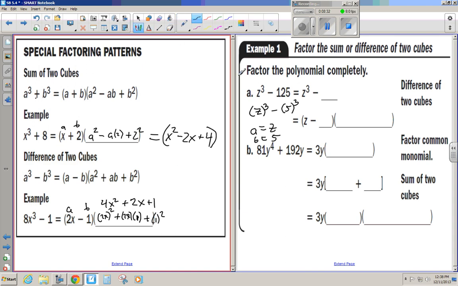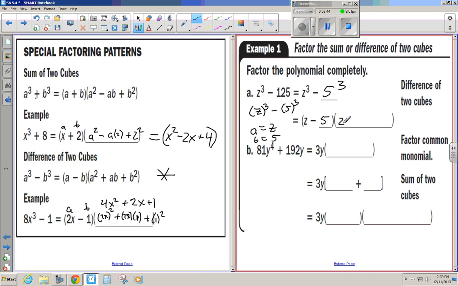Follow the pattern. So it's z minus 5. And now it's a minus, so it's a difference. So a squared, A is z, so z squared. Then it's plus ab, well, it's a times b, so plus 5z. Then plus b squared, which is 25.